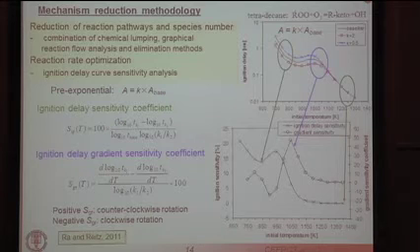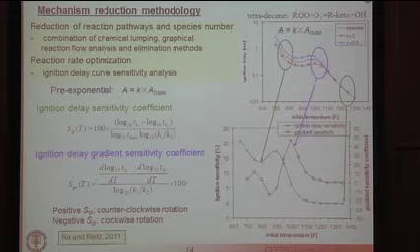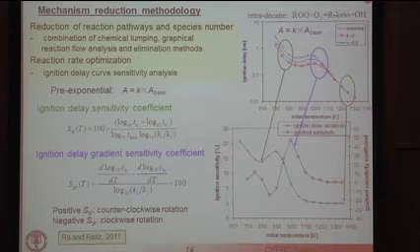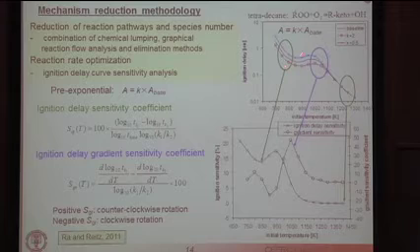The other thing that he looked at was what he calls a delay gradient sensitivity coefficient. So you look at the change of ignition delay with respect to temperature, and here's his parameter. And what he identifies here is this can be positive or negative depending on the reaction step itself.